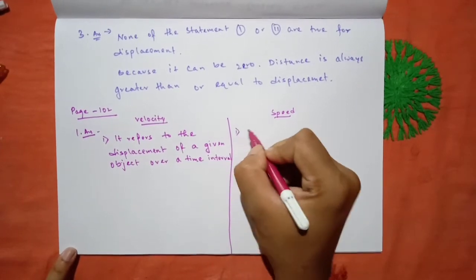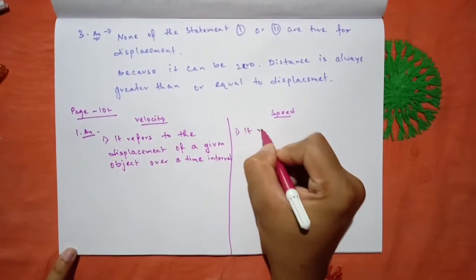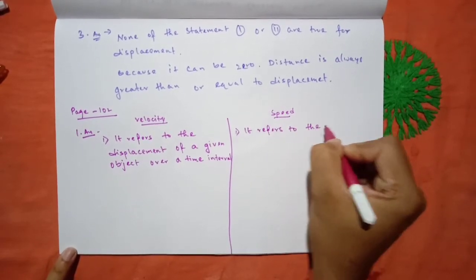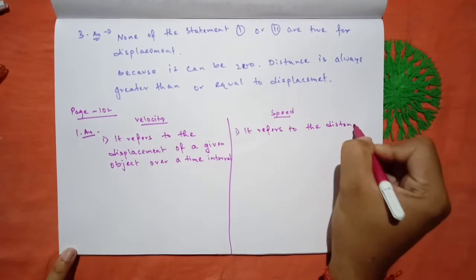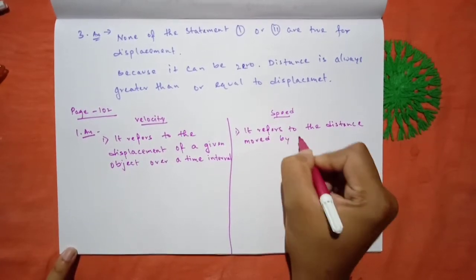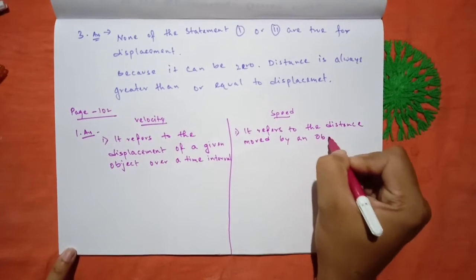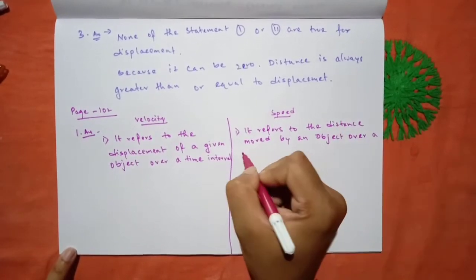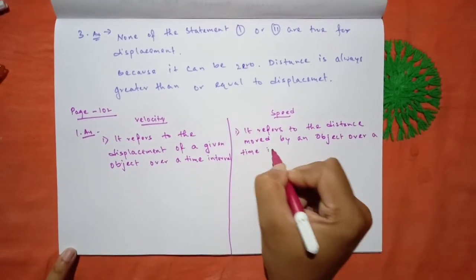and here it refers to the distance moved by an object over a time interval.